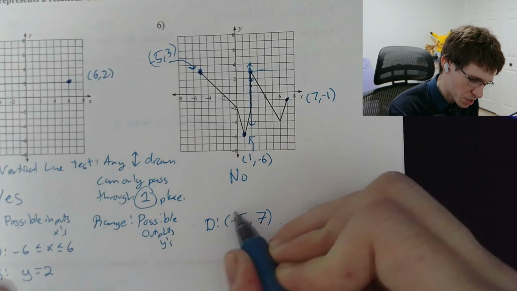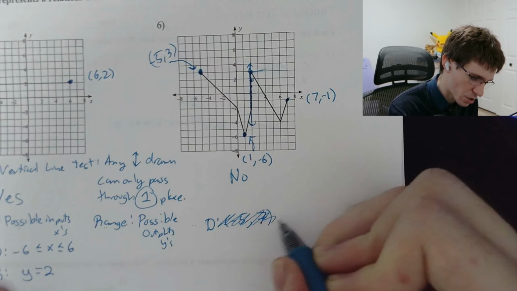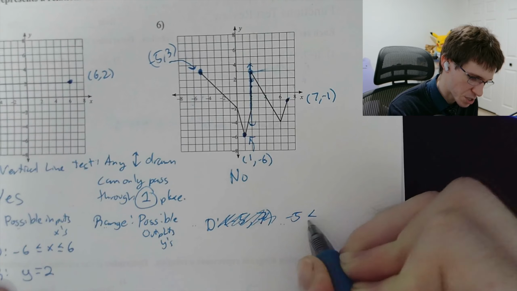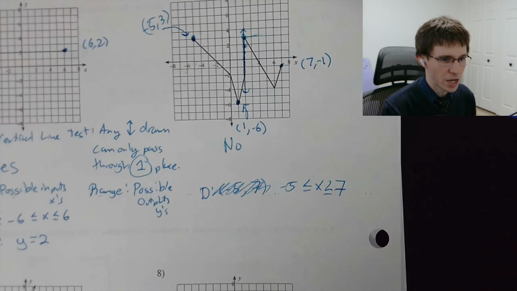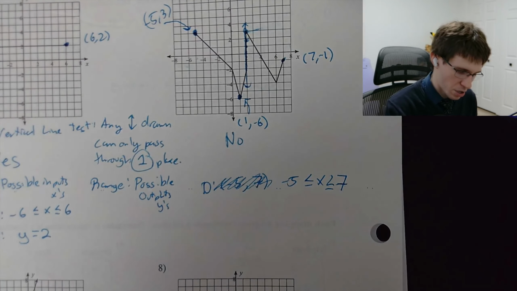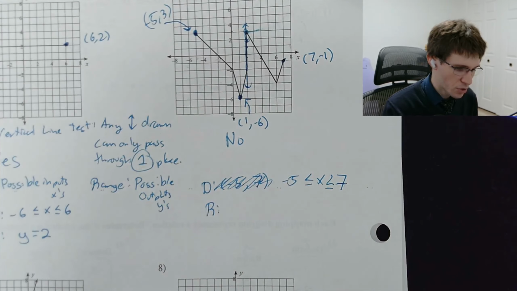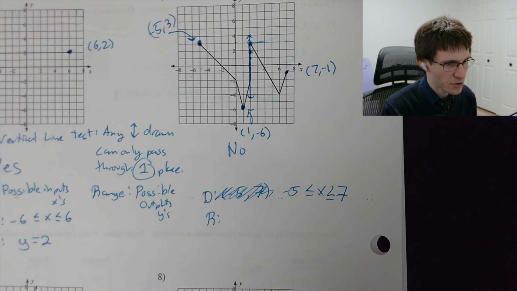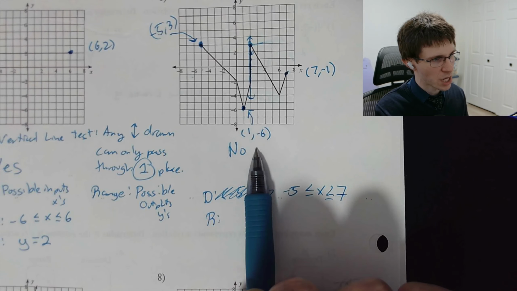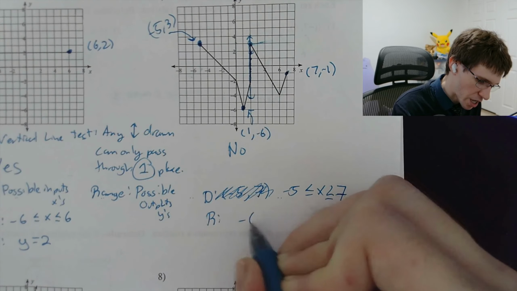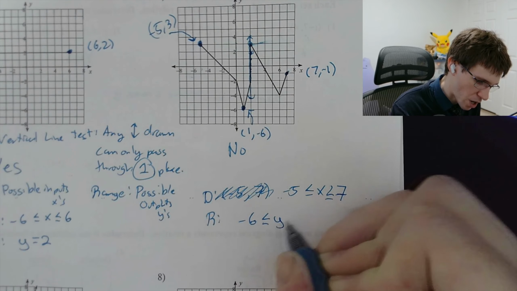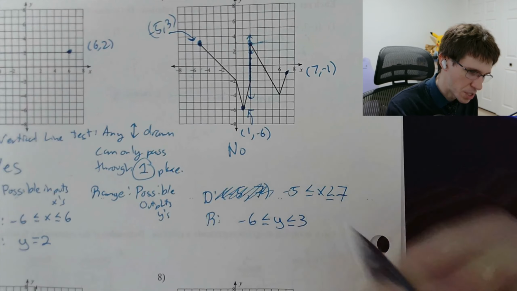I'm sorry that I wrote this in a different notation out of nowhere. You're supposed to say negative 5 less than or equal to x less than or equal to 7. Anyways, our range here is going to be the furthest down to the furthest up. The furthest down point is negative 6, and the furthest up point is positive 3. So we say negative 6 less than or equal to y less than or equal to 3.